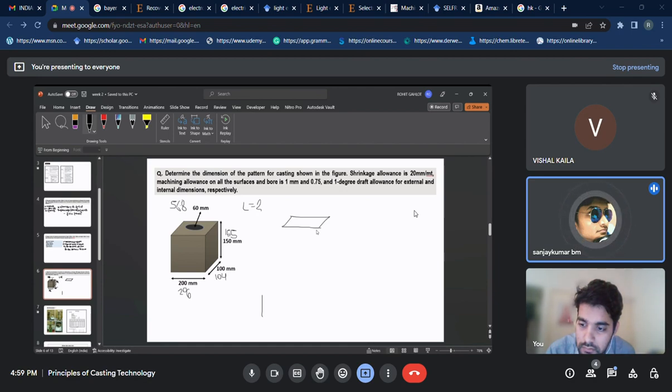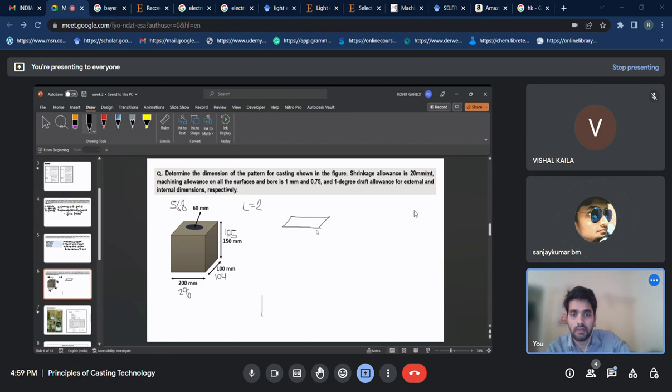Are you able to imagine how your cuboid will look after giving it a draft allowance? Draft allowance is nothing but a slight deviation given to the pattern towards the inner side, which results in a little tapered kind of cube. Right, yes.